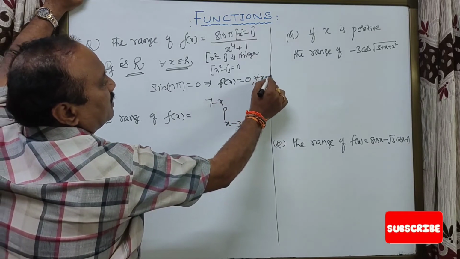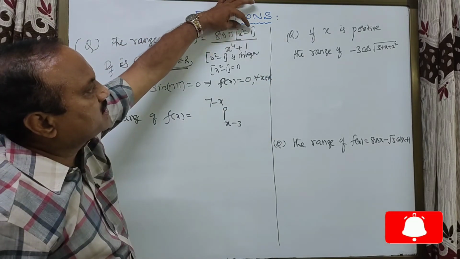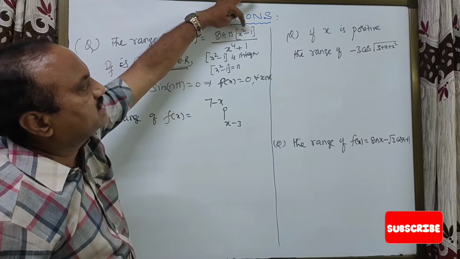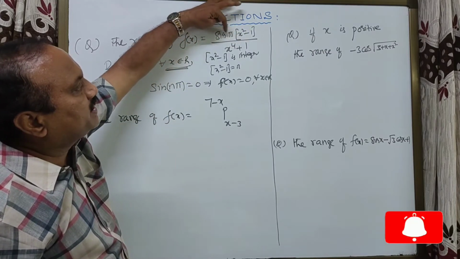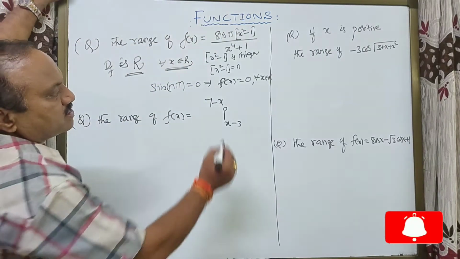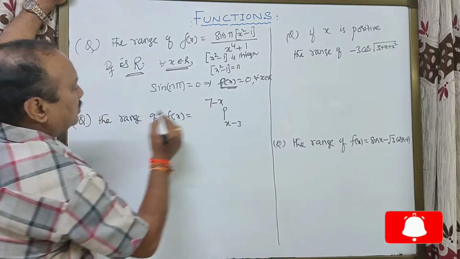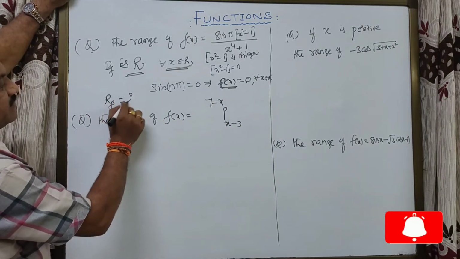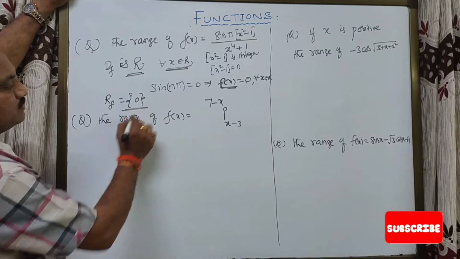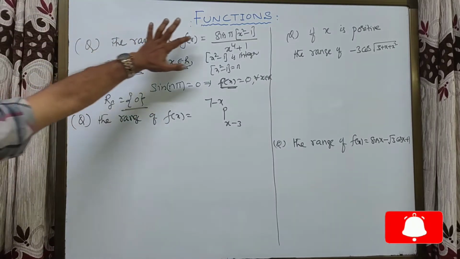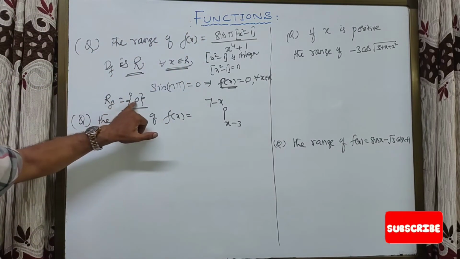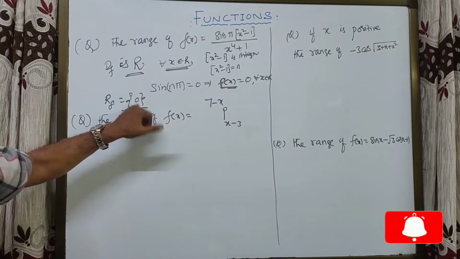You take any value for x, it becomes some 1, 2, 3, that is an integer. Integer into pi, the sin value becomes 0. So the function value is always 0. Therefore, the range of f is the singleton set {0}.